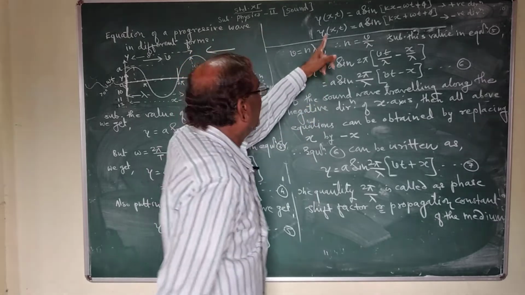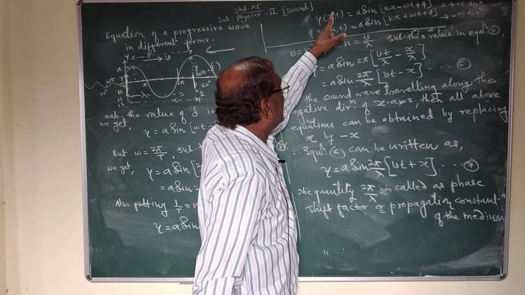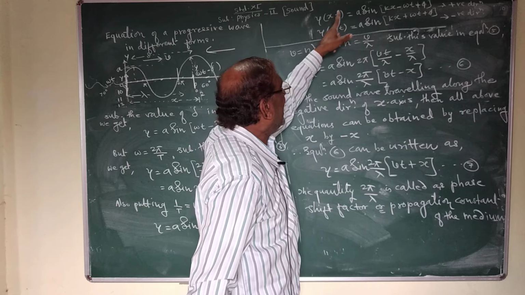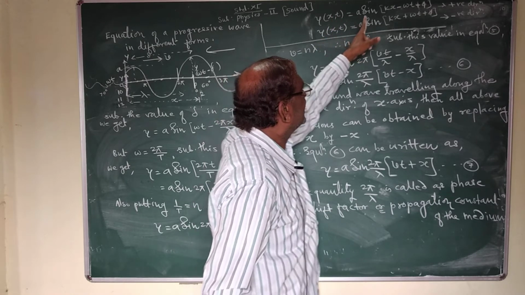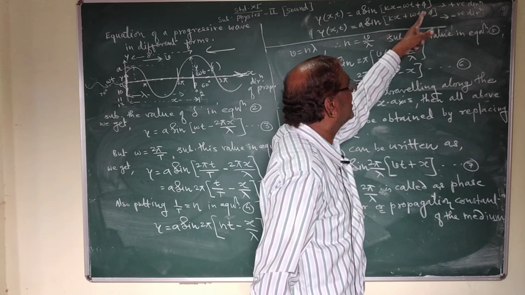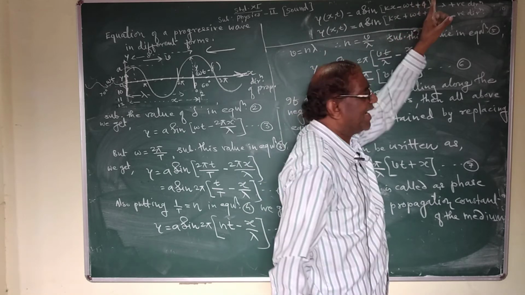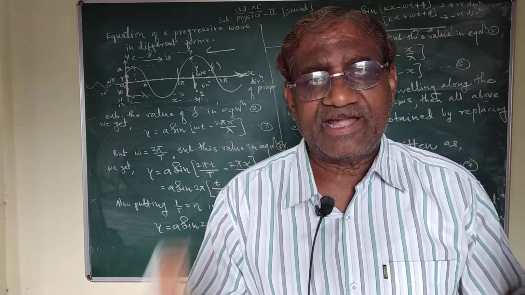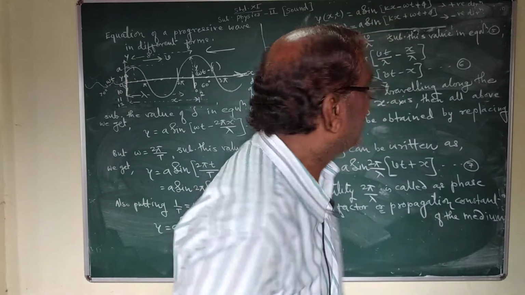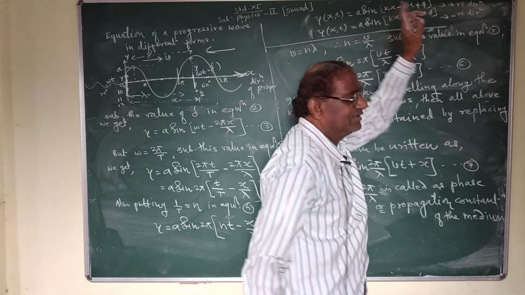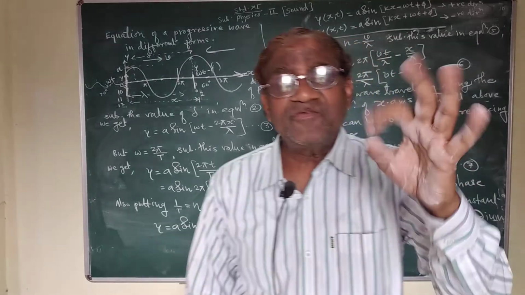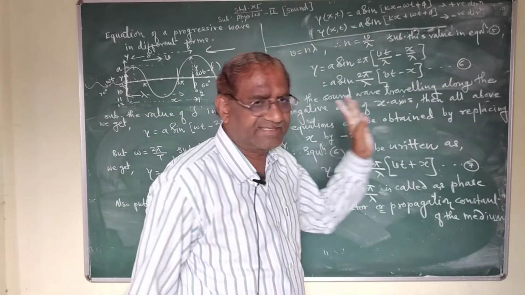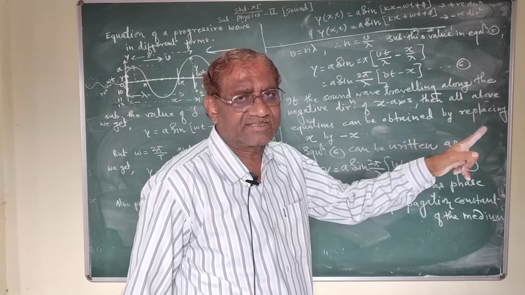So the displacement of a particle at distance x and at an instant t is given by a sin kx minus omega t plus phi, where omega t plus phi is called the phase of the particle at an instant t, and k is the angular wave number, and x is the distance traveled by the sound wave in the surrounding medium.